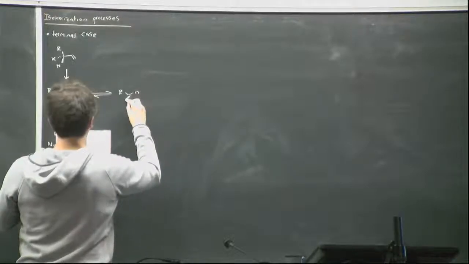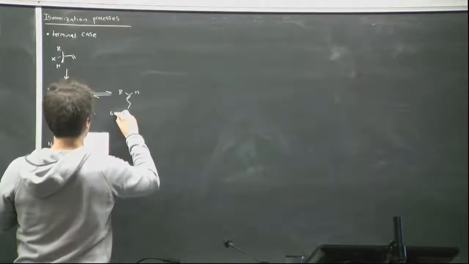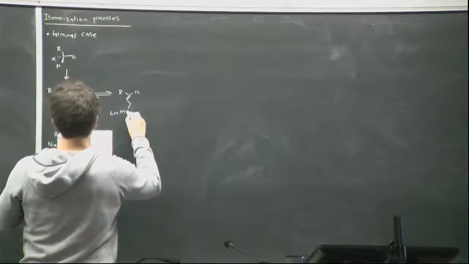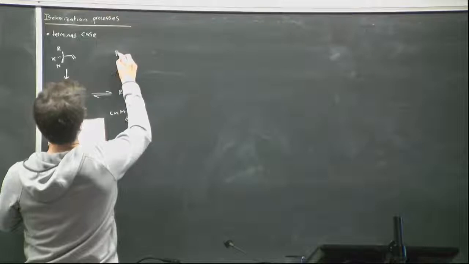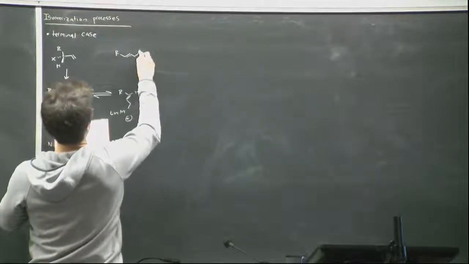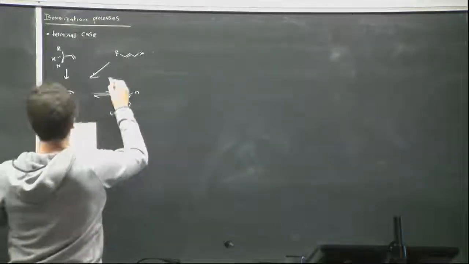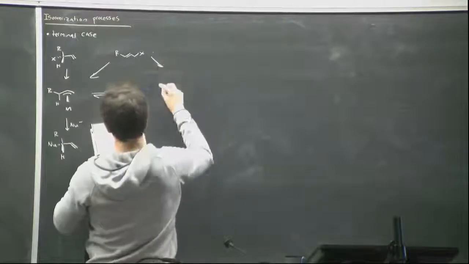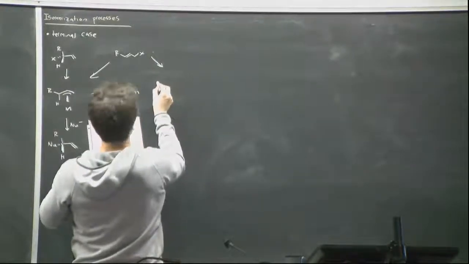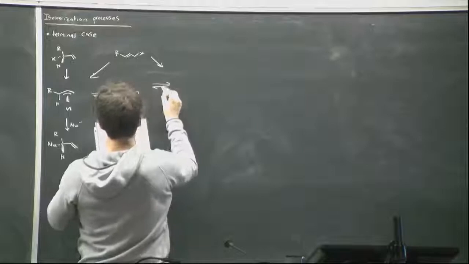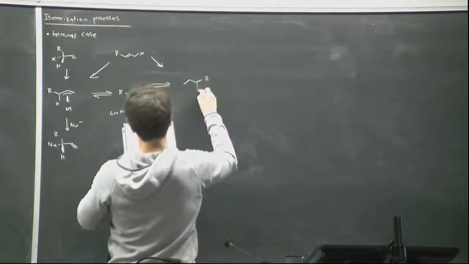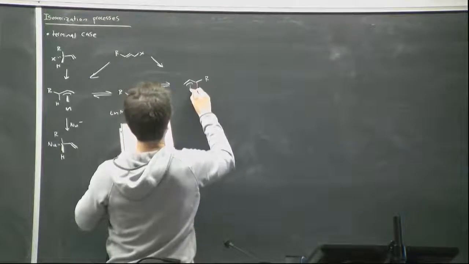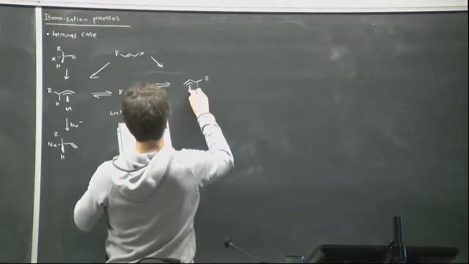So eta-3 pi-allyls, as we mentioned, can tautomerize to the eta-1 form, and this can be promoted by addition of exogenous ligand.